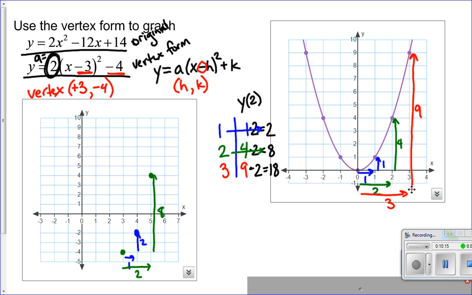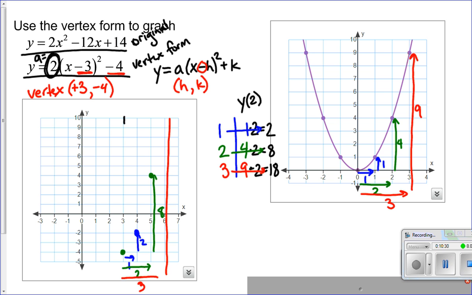And if I go over 3 spaces, I have to go up 18. And this graph actually doesn't go that high, so I'm not going to put this point on there. But that's where it would be if I were to graph it.